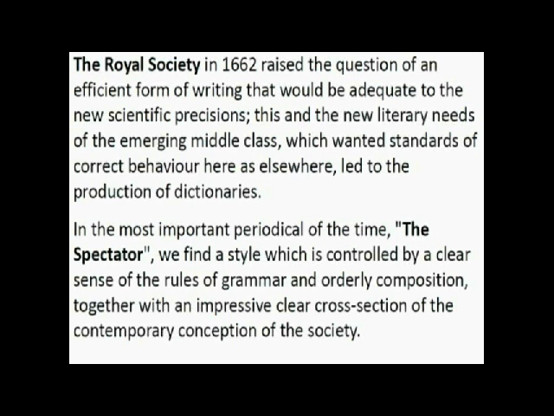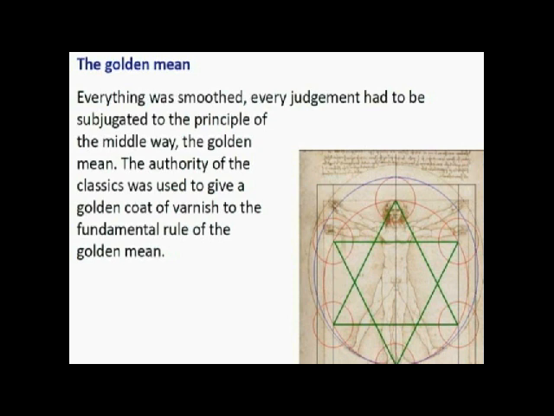One thing that you can see in the works I'm going to read is what is called the golden mean. The golden mean is the right measure of things. It is based on the classical idea that man is the measure of everything. This was typical of the Renaissance also.